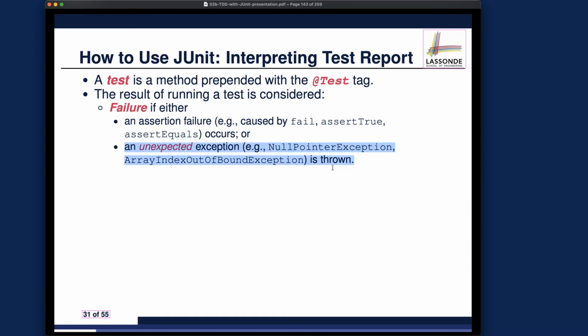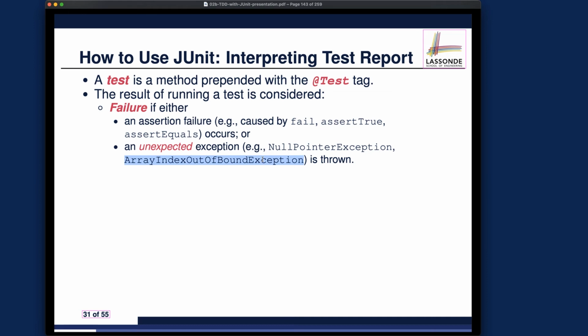Another one, you may have seen as well. Let's say that in your test method, rather than having an assertion failure, there's an unexpected exception, such as these most common ones, NullPointerException or ArrayIndexOutOfBoundsException. Maybe the way you put the assertions and manipulations together, you simply got a NullPointerException or ArrayIndexOutOfBoundsException.